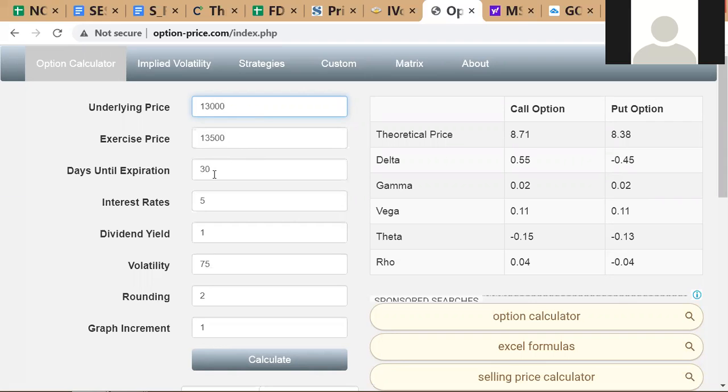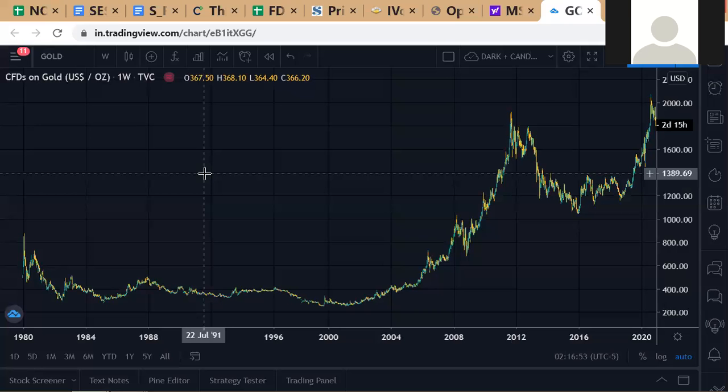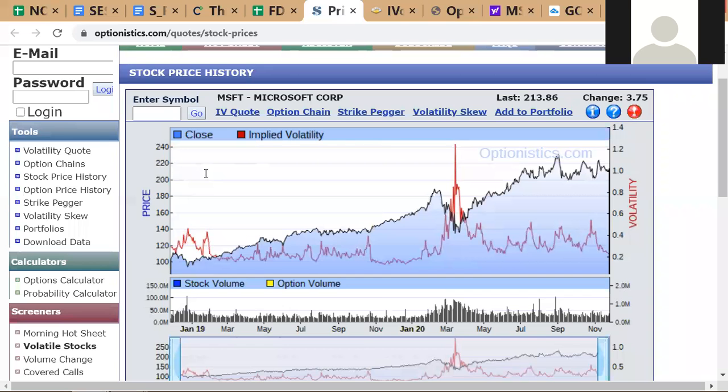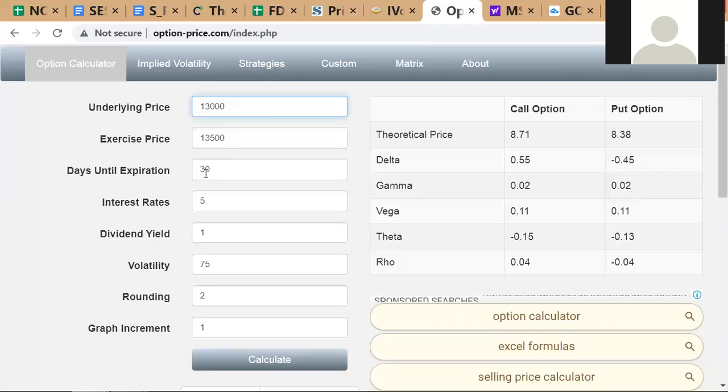Exercise price means the strike price, right? Yes, sir, strike price. Strike and exercise are the same.